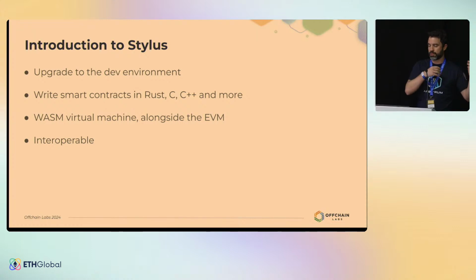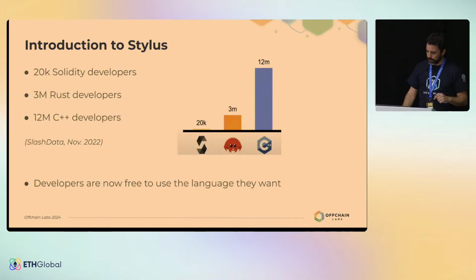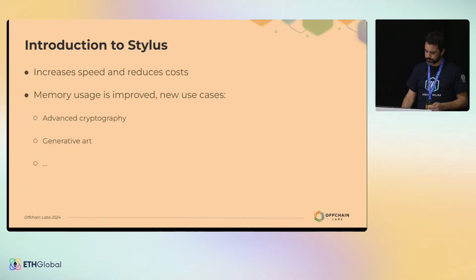So that means that contracts for Stylus can call contracts in Solidity and the other way around. These are some numbers of developers in these three languages that we were just mentioning, just to compare among them, and also to see that Stylus actually enables new developers to access the blockchain ecosystem, the smart contract development ecosystem, right?